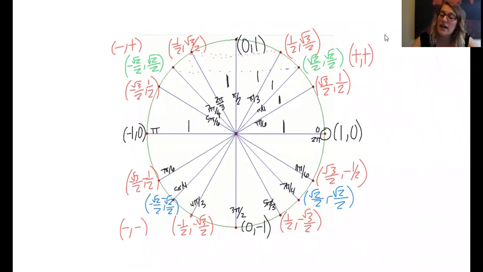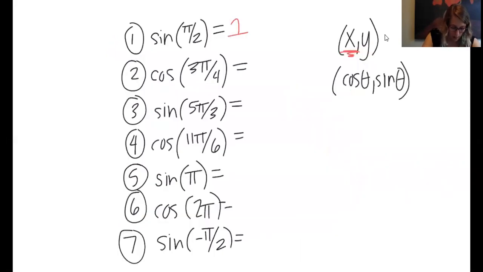There's lots of templates out there online of blank radians, and lots of Quizlets that you can Google and find practice with. But if you know exactly where 3 pi over 4 is, which there it is, I know it's going to be one of the ones on a 45-degree angle. And the question was cosine, so cosine is the x value, which is there. So the answer to that question is negative square root of 2 over 2.